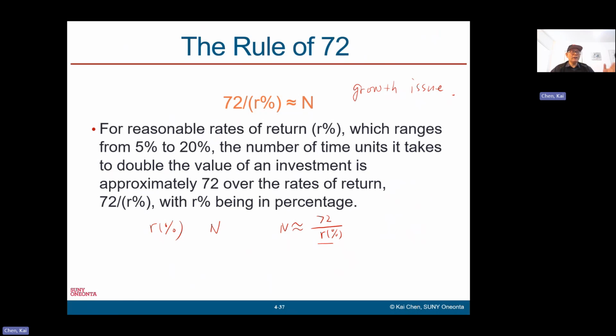For example, if the GDP growth rate is 3%, then how many years does it take for the US GDP to double in value? The yearly GDP growth rate is 3%. Then we can use this formula.